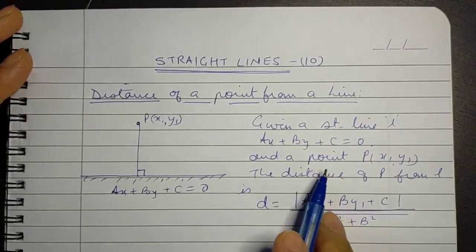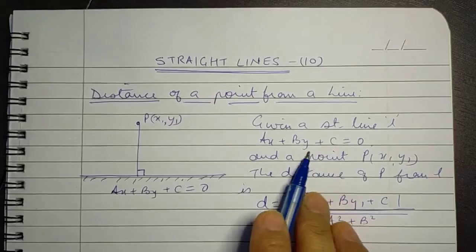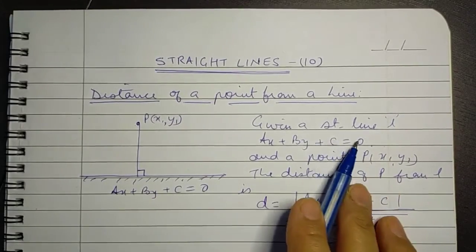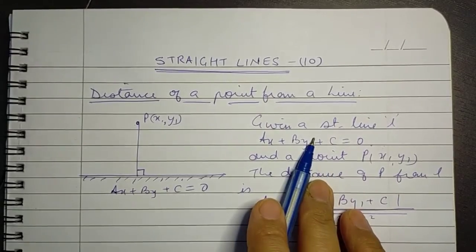That is, what we do is we write the equation of the line in this form. That is, even if the constant is on the right side, we write all the terms together on one side.